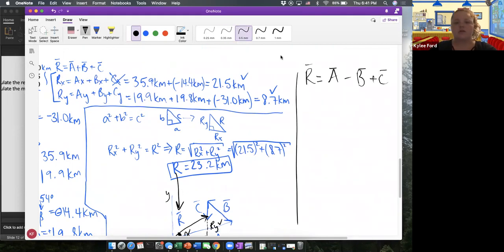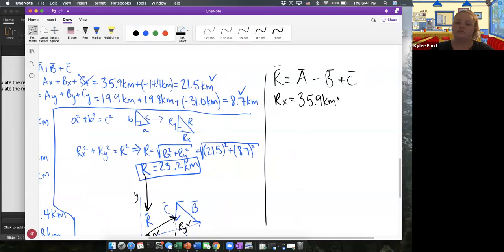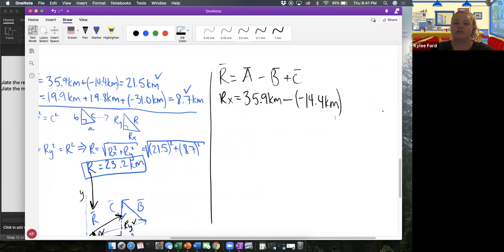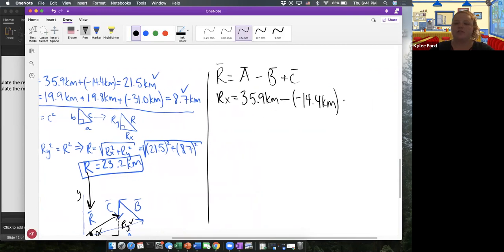So Rx is going to be equal to A, which is again 35.9 kilometers, minus our B, which we already had as negative 14.4, but now it's in the opposite direction, plus our Cx, which is 0.